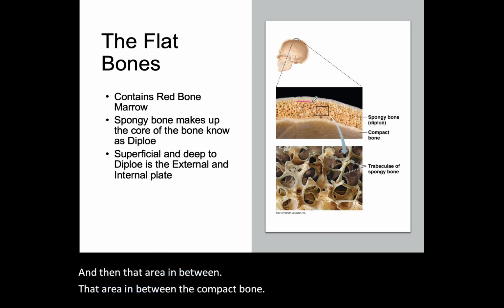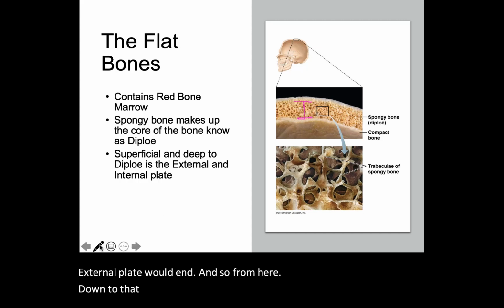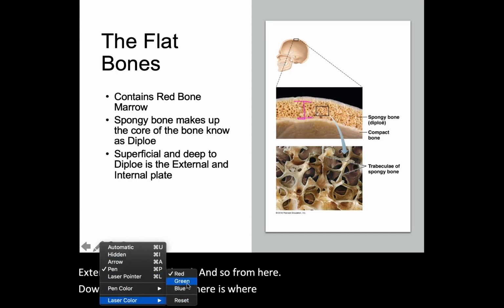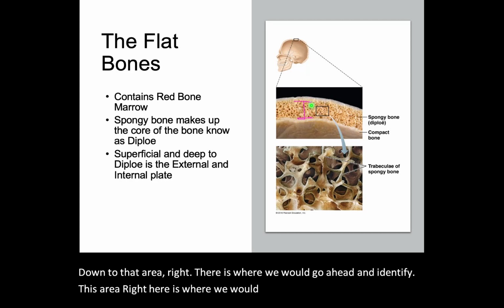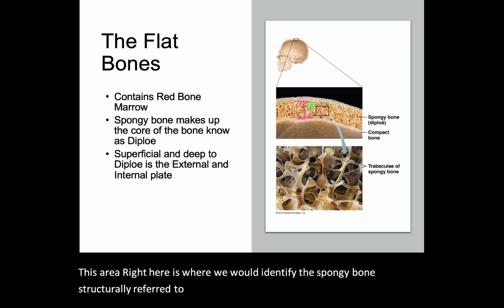So here's where the external plate would end. And from here down to that area right there is where we would identify the spongy bone, structurally referred to as the diploe.